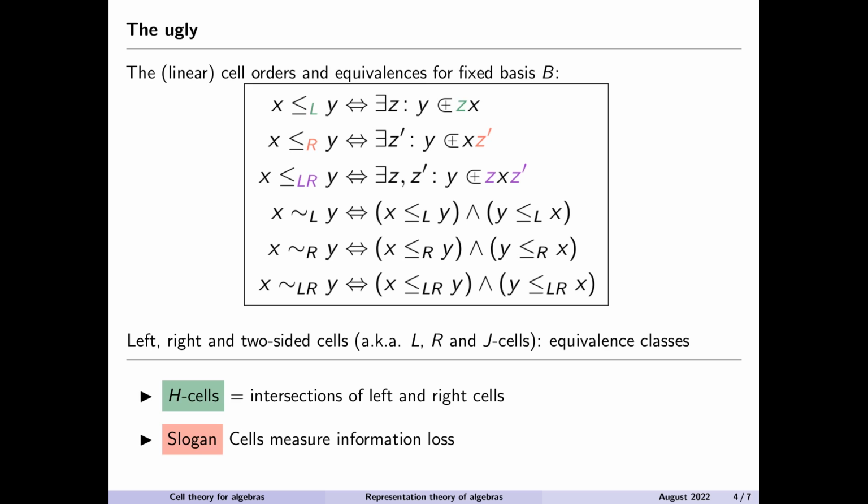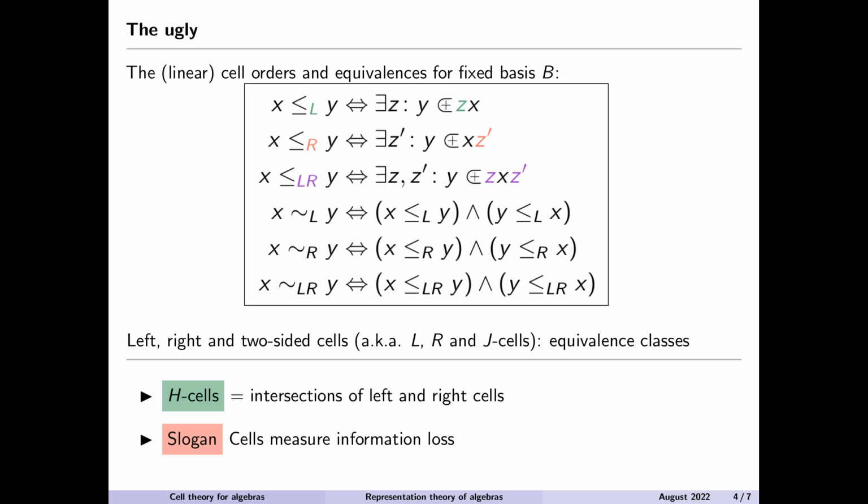And this means the following. So I choose a basis B, and there are some elements x, y, z, whatever. Choose the basis, very important. And I define my cells with respect to the basis exactly in the same way as before.